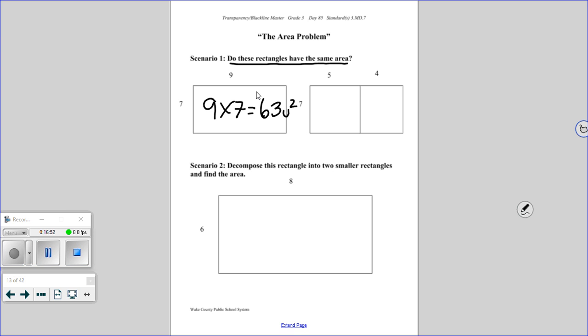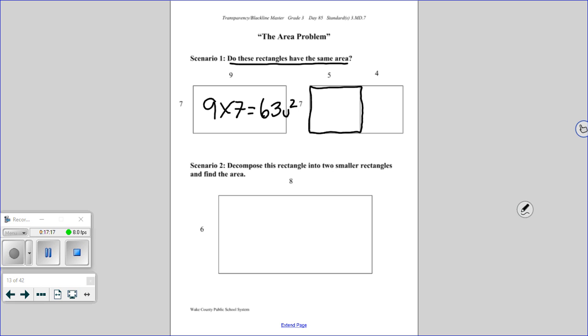Alright. Now let's look at this strange rectangle that I have next to it. All this rectangle has done is been cut. It's been broken. So I have a 7 by 5 right here.